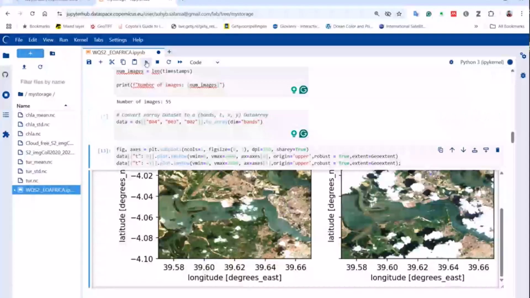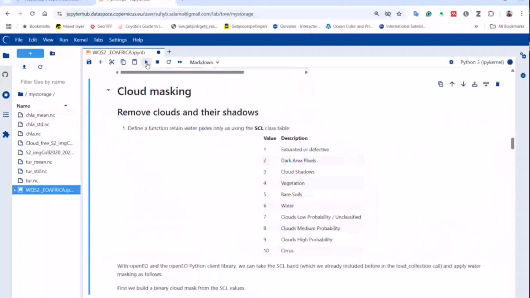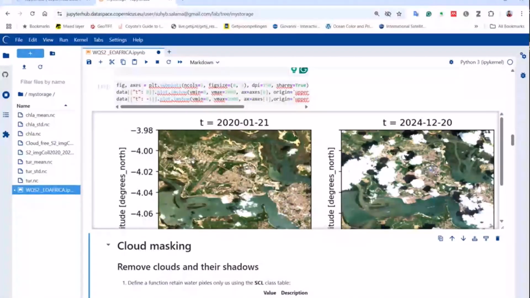So you put the band in this data set, and then you visualize them. What I do here is I visualize the first time period and last time period, and then you would see how it visualizes. It will take a little bit of time, and okay, it comes here.